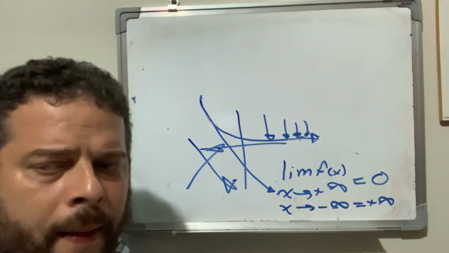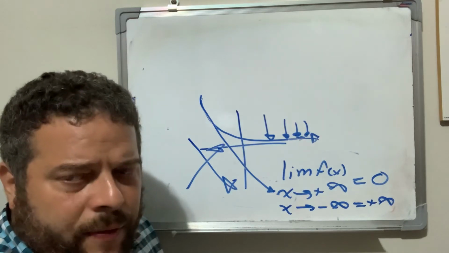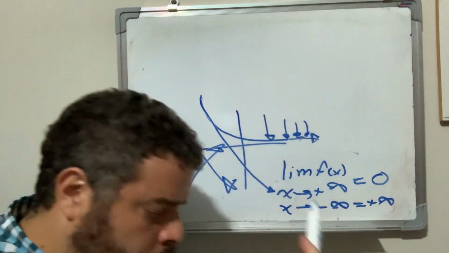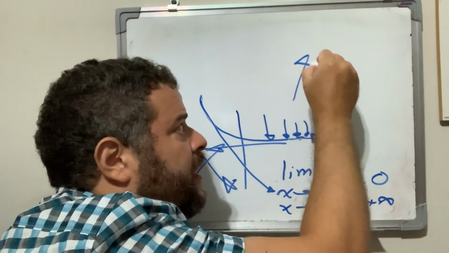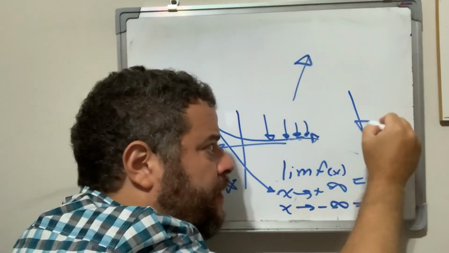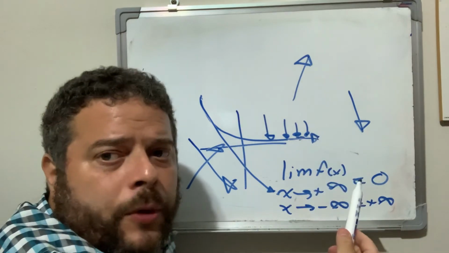One easy way to tell if you're approaching positive or negative infinity or a particular value is to focus on the arrow. Normally, on these graphs, if you're approaching positive infinity, it's going to be clear that they're going upward. If you're approaching negative infinity, the arrow is clearly pointing downward.